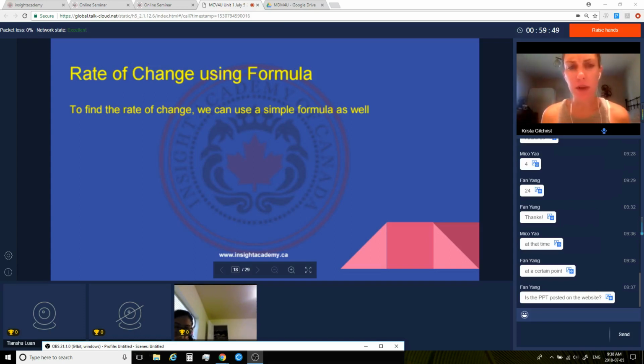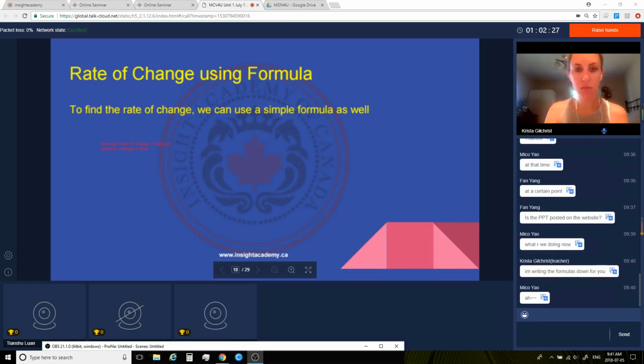For instantaneous rate of change, it's a little bit different. I'll write it out for you guys. So that's one of the formulas that we use for the instantaneous rate of change. These letters are all arbitrary right now, but on the next slide I'll draw a diagram and explain what A is, what H is.